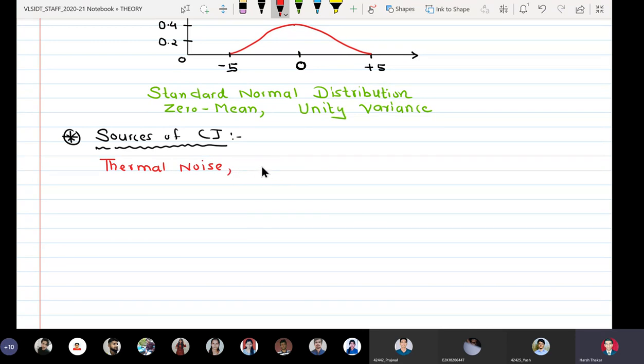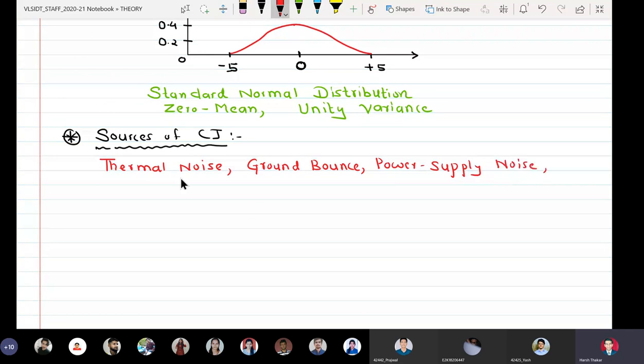Thermal noise, ground bounce, power supply noise, crosstalk and reflections.